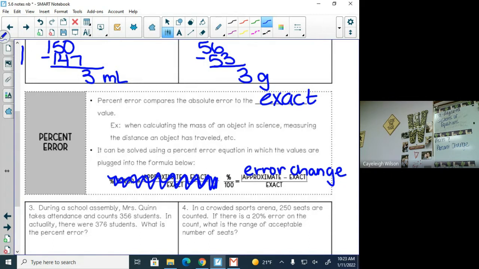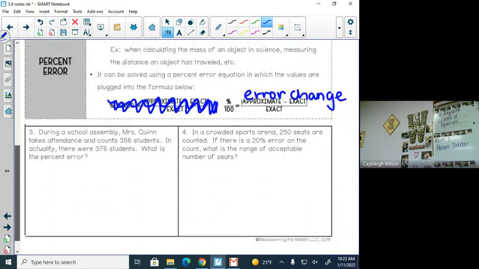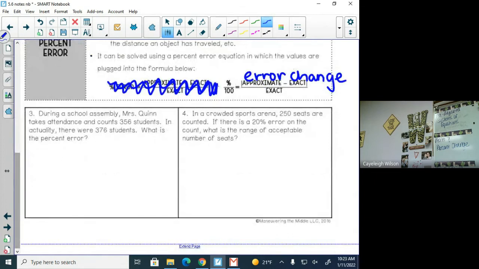Okay. All right, so looking at this next direction, it says during a school assembly, Mrs. Quinn takes attendance and counts 356 students. In actuality, there were 376 students. What is the percent error? So since it's asking me for the percent, that means I'm going to use the percent proportion.